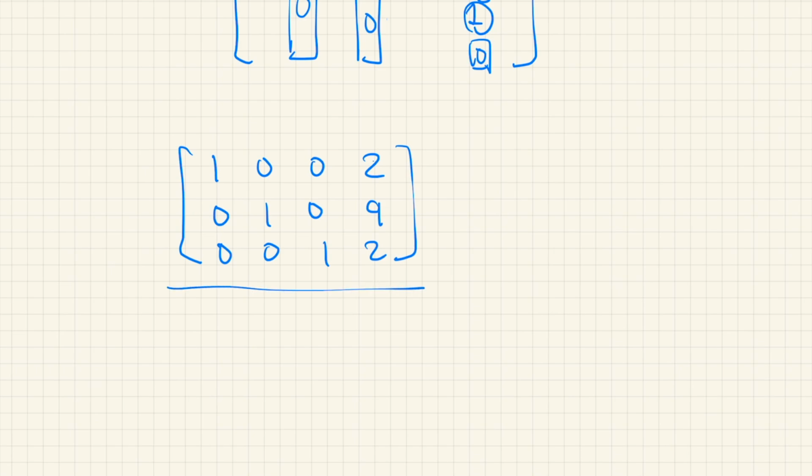So this matrix is in the reduced echelon form. As you can see, the pivot points are all ones, and the elements above or below the pivots are all zeros. And all other elements, which are not above or below the pivot, can be anything. They can be zero or non-zero. So this is in the reduced echelon form.